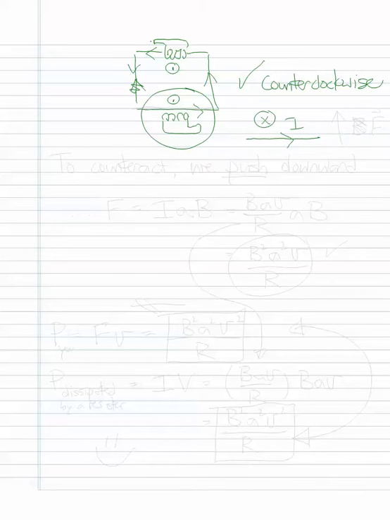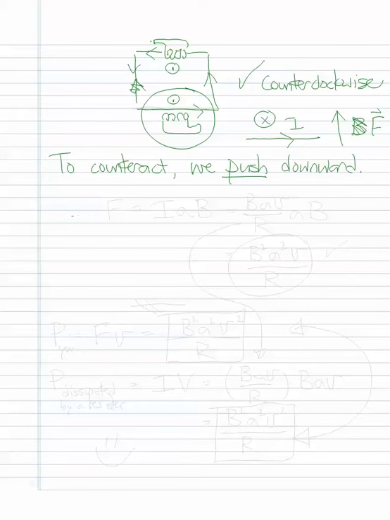So once again, we'll do the right-hand rule, and we find that with the current going this way and the field going into the board, the force that the B field creates on the current goes up. And that makes sense because to counteract, we have to push downward.